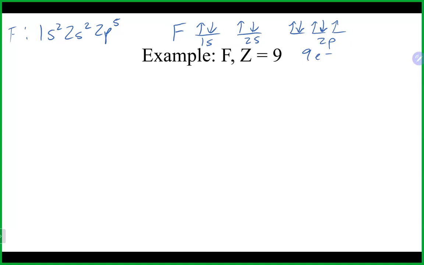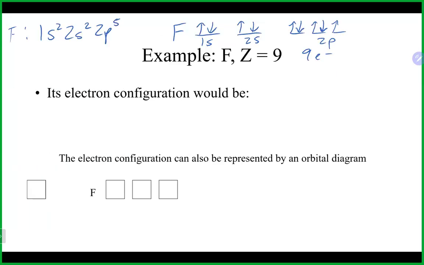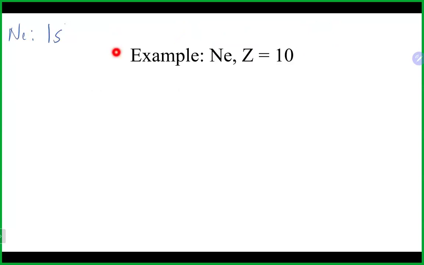So again, might as well finish out the first 10 here. That's going to take us, as we super zoom, into neon. And neon's going to be number 10. And again, continuing on with our pattern here, 1s2, 2s2, 2p6 there. And that gives us, we just count up the top numbers, 2 is 4, and 6 is 10 electrons.